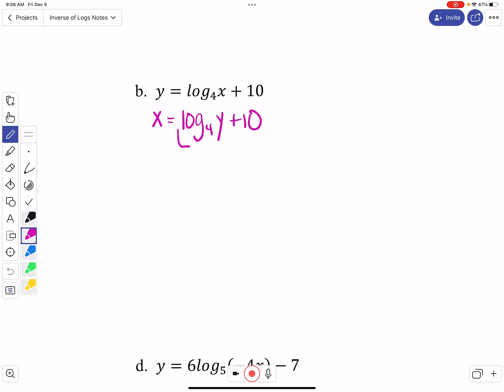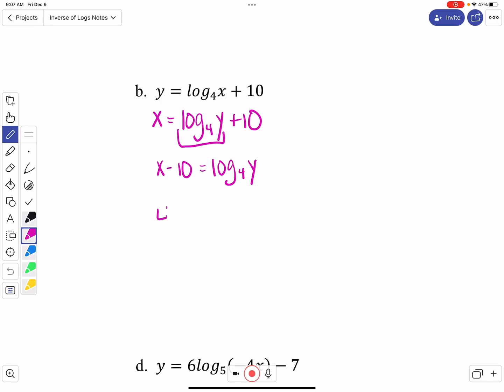All right, if we look at this one, if I switch x and y, again, you want to isolate this before you change it to exponential. Same thing, you want to isolate your base or your log before you change it to the other version. So I need to subtract 10. So x minus 10 equals log base 4 of y. Now we can change it to exponential.